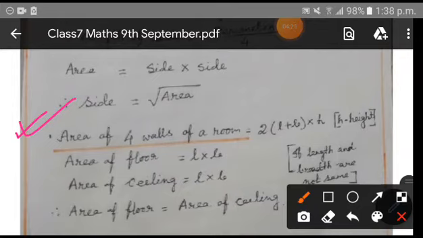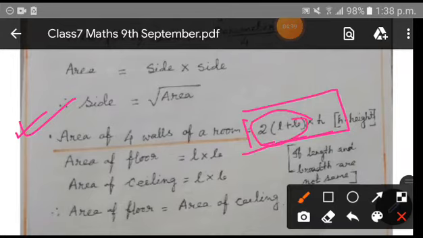So area of 4 walls of the room will be equal to 2 into (length plus breadth) into height. Okay, this is the formula for finding the area of the 4 walls of the room. Now here this 2 into (length plus breadth) actually is the perimeter. So whenever you are multiplying the perimeter with the height, at that time you will get the area of the 4 walls of the room.